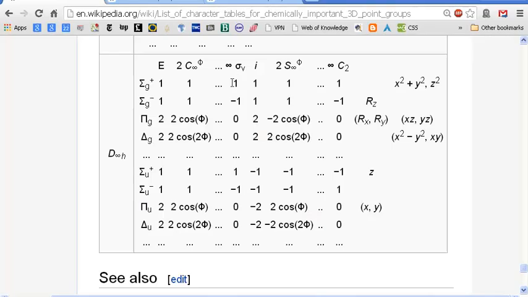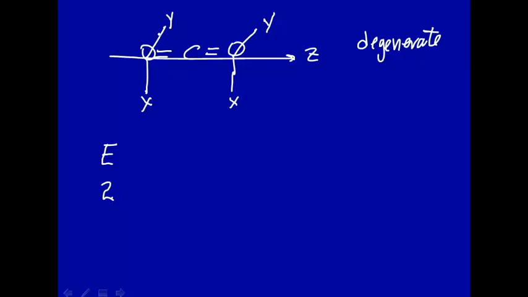Let's go ahead and take a look at these. What's the difference between the pi u and the delta u? Well, not much, except that there is a 2 in here. This gives us a crutch here. The x and y axes transform as a pi u, and the vibrations here on the x and the y, they're degenerate. You have to couple them.